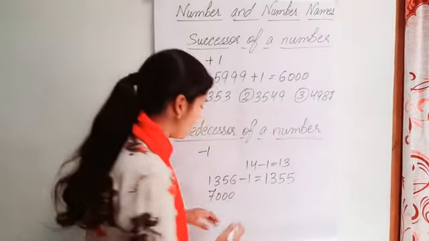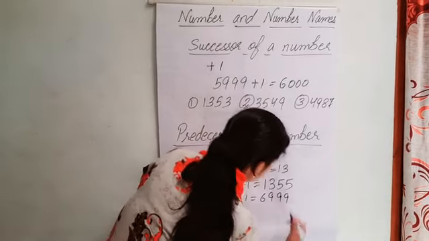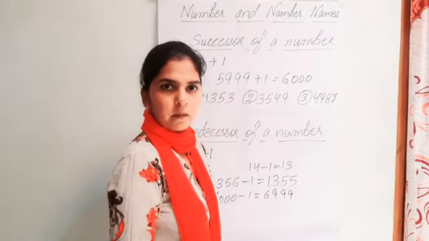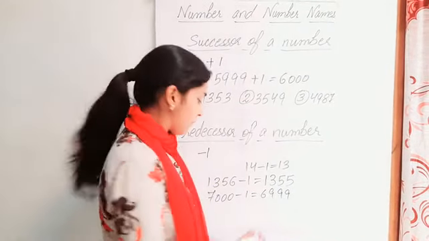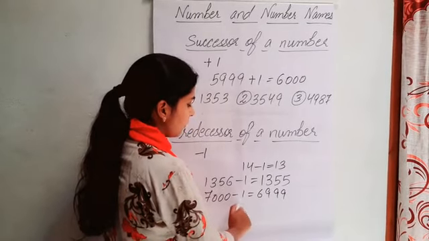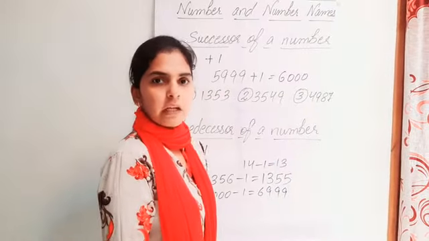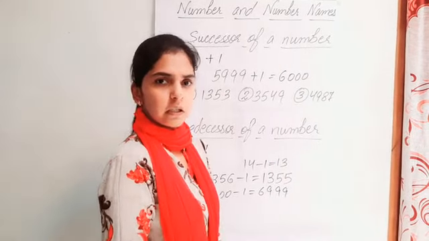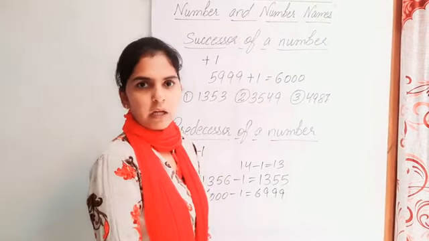The number should be 6999. Okay, you all know the countings also, na? So the predecessor of 7000 is 6999.